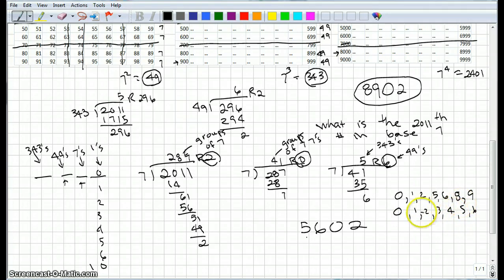Okay, so you can see 0 is a 0, 1 is a 1, 2 is a 2, but here 3 is actually 5, 4 is 6, 5 is 8, and 6 is 9. Okay, so the 5 corresponds to an 8 as far as the symbol goes, a 6 corresponds to a 9, a 0 corresponds to a 0, and the 2 corresponds to a 2.